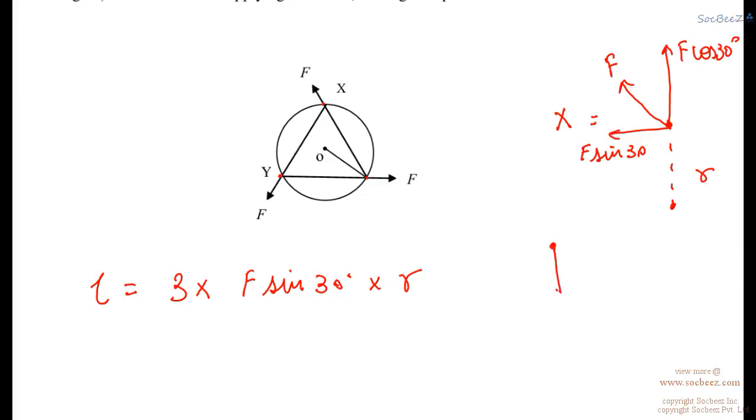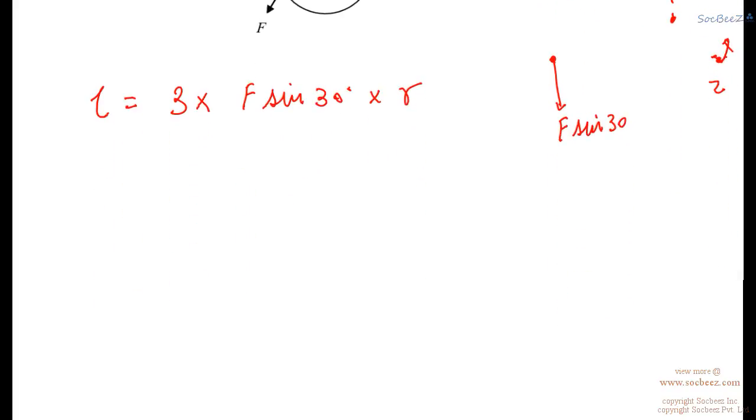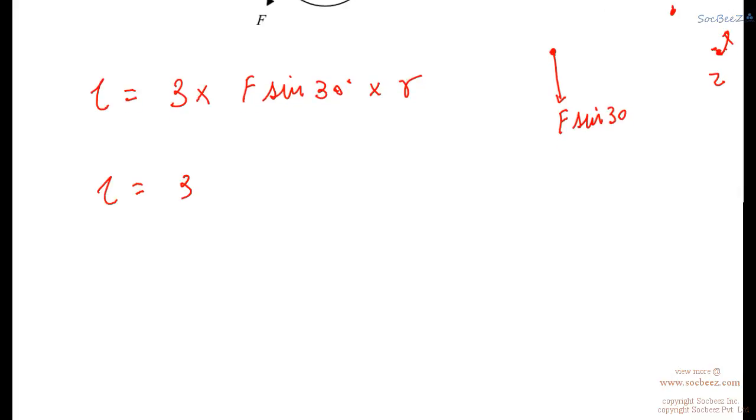Since at point Y also, if suppose this is point Y, then this will be F sine 30, and since this point is Z, here the torque will tend to rotate it in this direction, so that will also be F sine 30. So the torque will be 3 times F sine 30 into R.